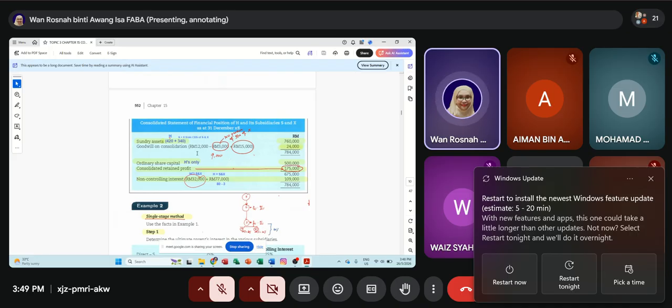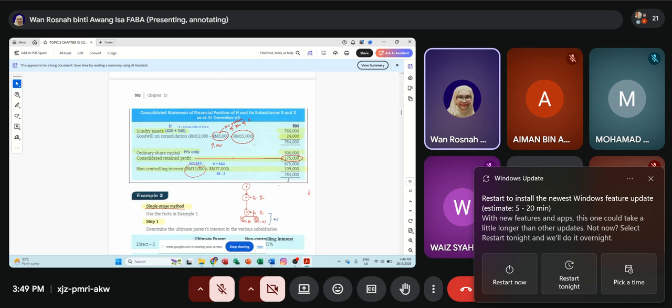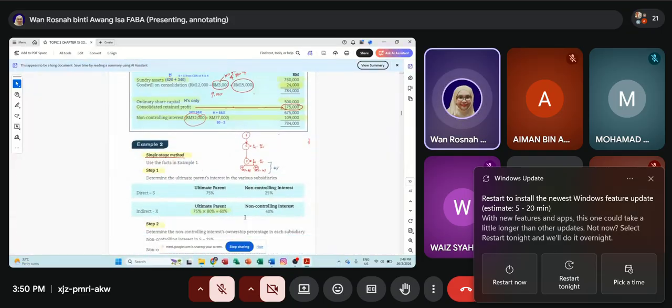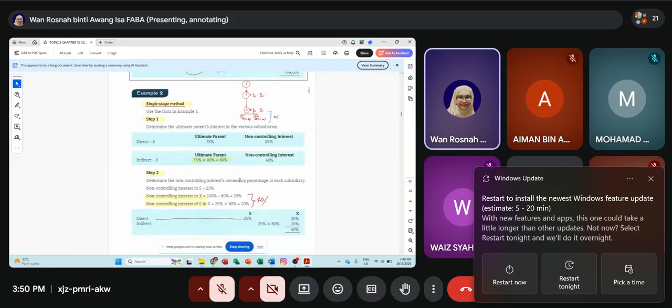But you cannot, because the 12 has a portion of NCI since it belongs to X. So between H and S there is NCI, and between S and X there is also NCI. When you prepare the group financial position, you have to eliminate X, because it is already included in S as a group of companies. So okay, we will go through it.